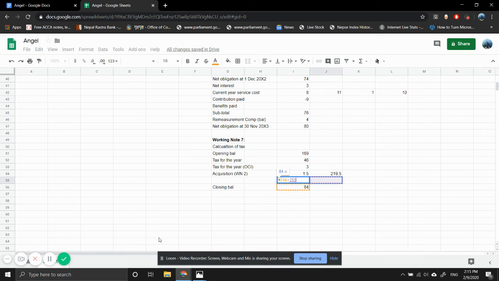So this minus 19.5. So this was the tax paid, which is the balancing figure.